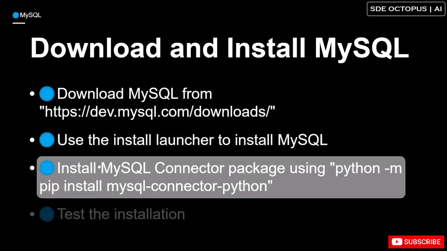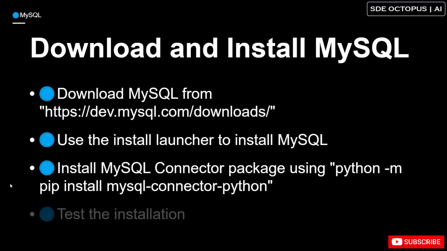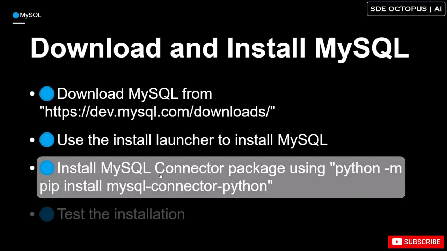After using the installer launcher to install MySQL completely locally on our device, to use MySQL in the Python programming language, you need to install the MySQL connector package. You need to use this command: python -m pip install mysql-connector-python.